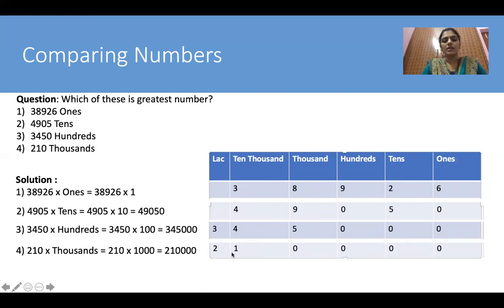Since they have an equal number of digits, we compare the leftmost digit. Here we have 3 and here we have 2. Of course 3 has greater value than 2. So this number is greatest among all the numbers. Hence 3,450 hundreds is greatest among all these numbers.